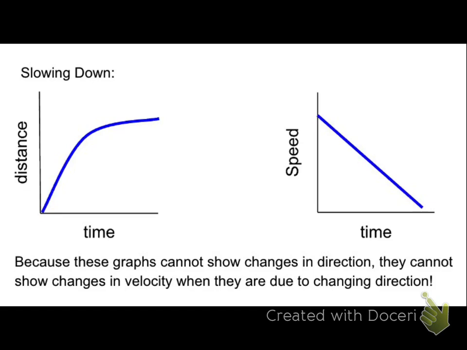So unfortunately, speed time graphs do not possess a way to show changes in velocity due to direction. There's no way to use a speed time graph to tell if somebody has changed direction, only if they have sped up or slowed down. Okay? If you want to know about direction changes, you'll have to use some other method to give that information to people. A speed time graph simply won't do it.